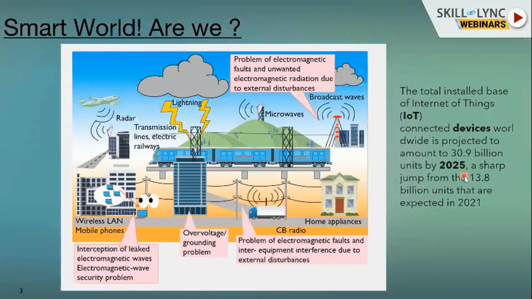RF means nothing else but radio frequencies, which start from low frequency to high frequencies. A device which communicates with the outer world starts from 50 megahertz onwards to maybe 100 gigahertz.